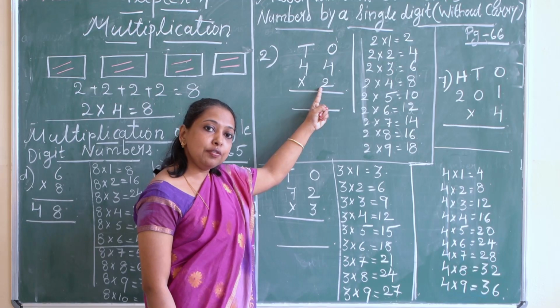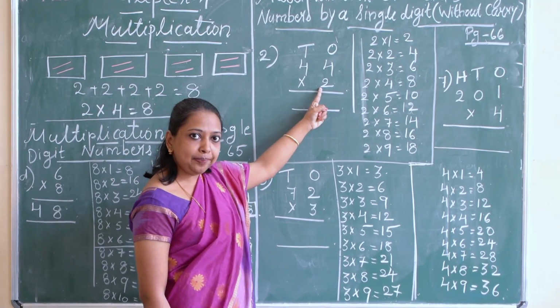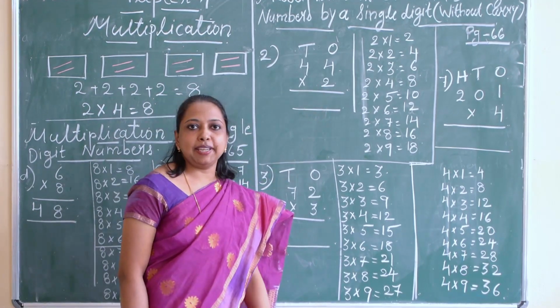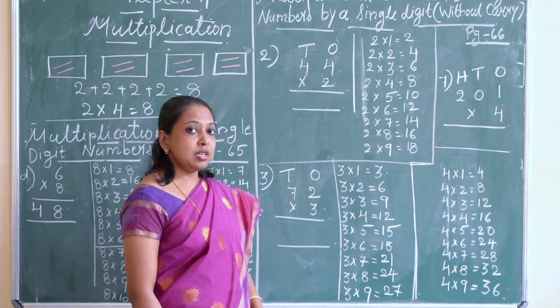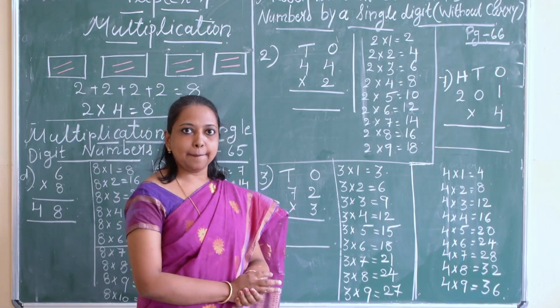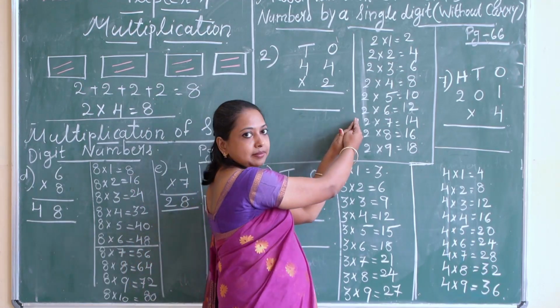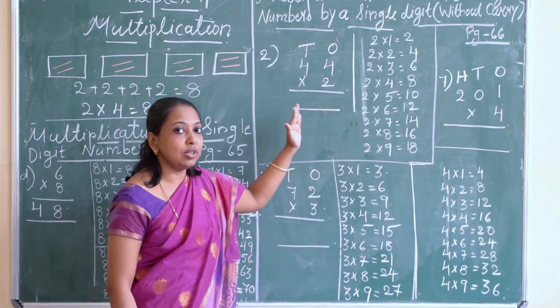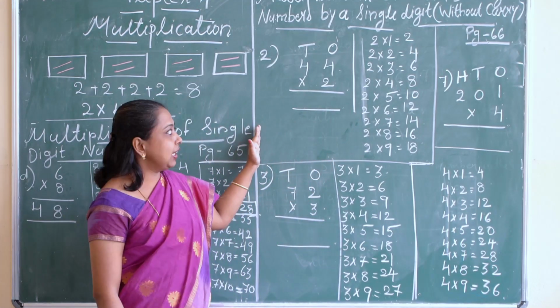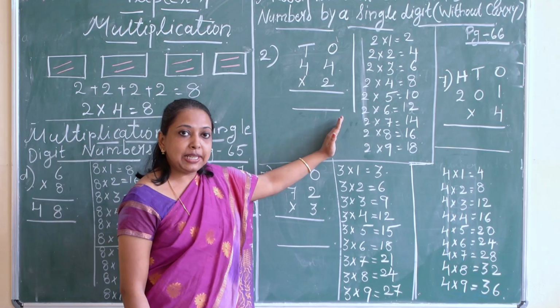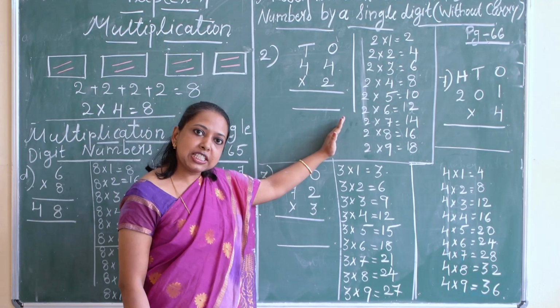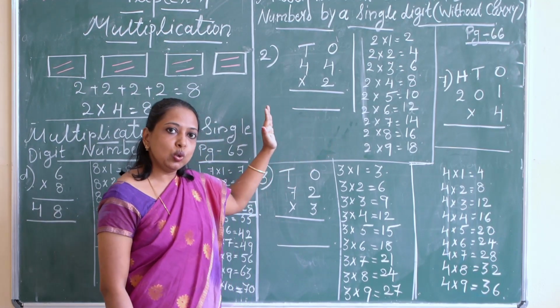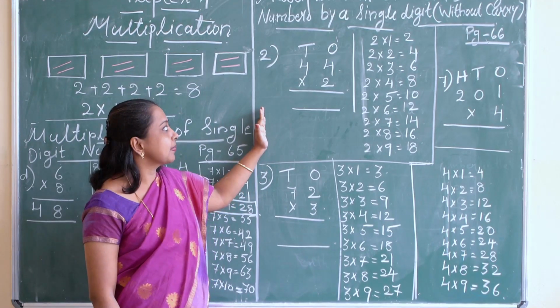Remember the table of 2. Now we can start the multiplication. Always remember, multiplication will start from the right side and it will go to the left. So multiplication will start from the ones place and go to the left.